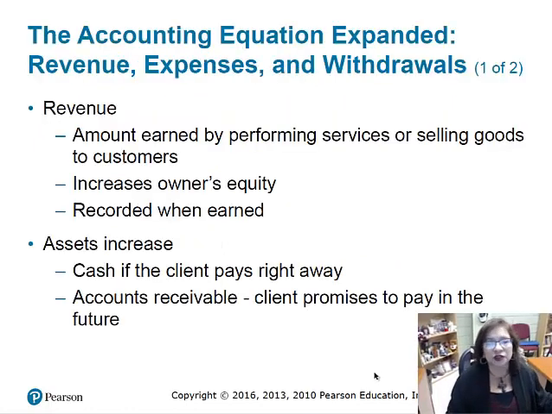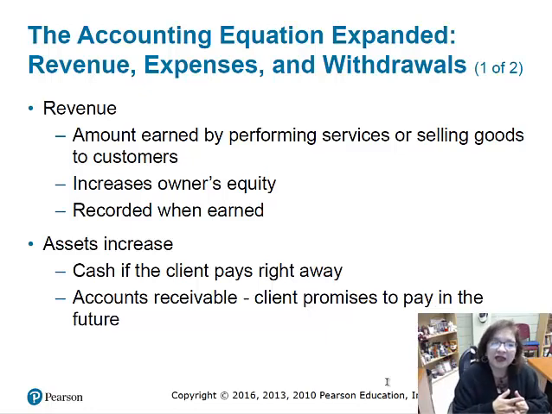So this is what we're going to be doing. Now as we start looking at everything, we start looking at the expansion of the accounting equation, which includes the money that you made, which is revenue. It increases the owner's equity. It's recorded when it's earned in the month and in the day.